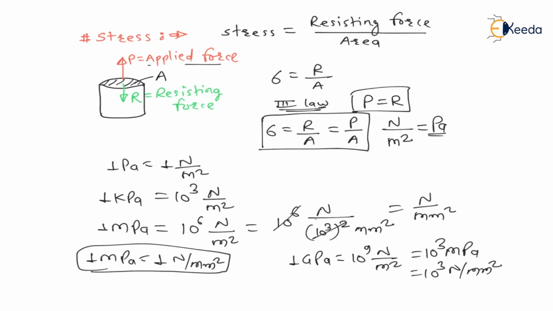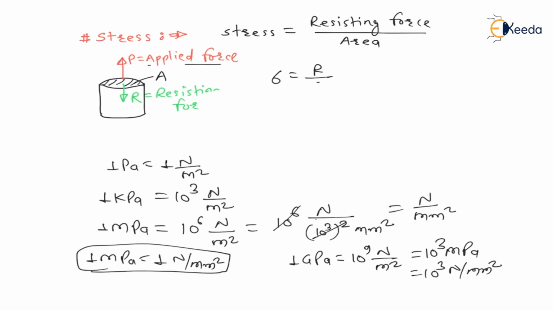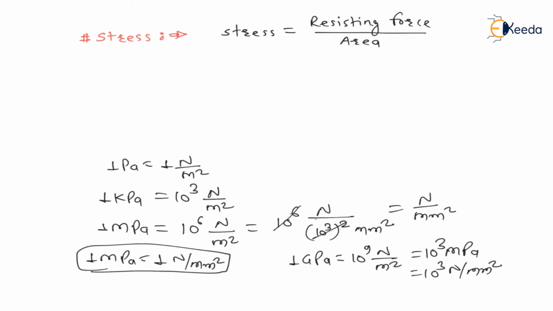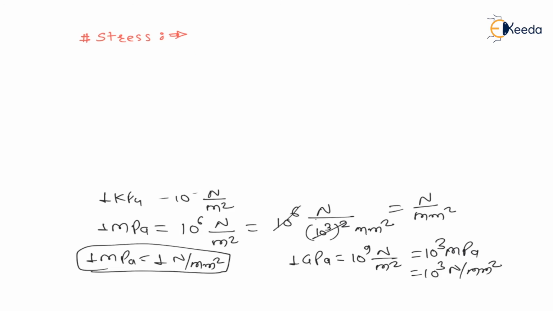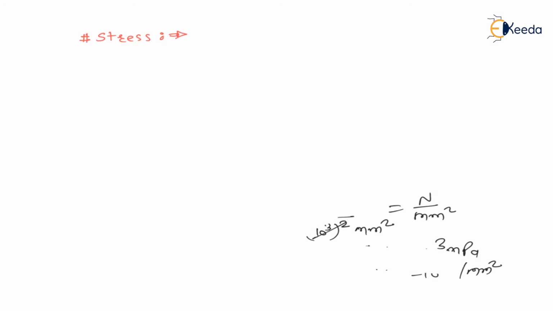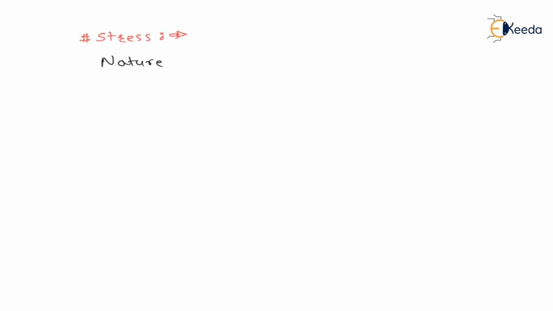Now friends, this stress is induced due to the resisting forces. Stress in the component is always due to the resisting forces, but the nature of stress is defined by the applied forces. Nature means stress may be tensile, compressive, or shear.